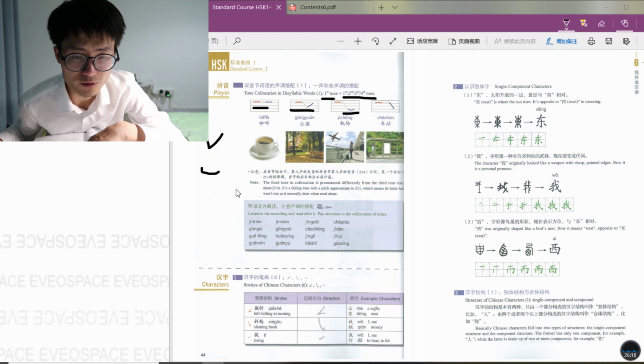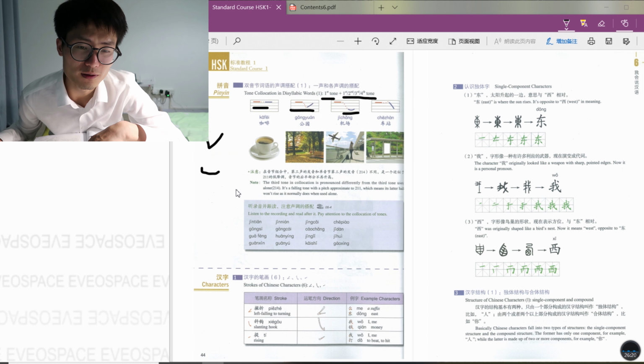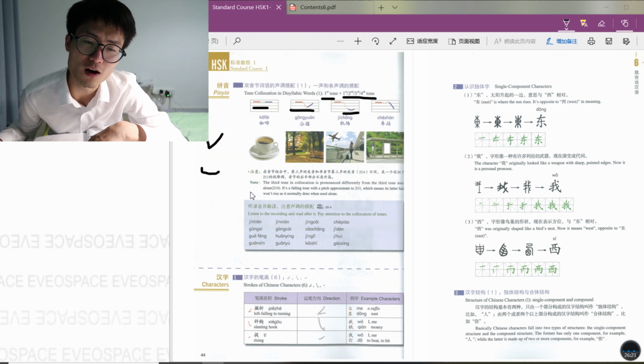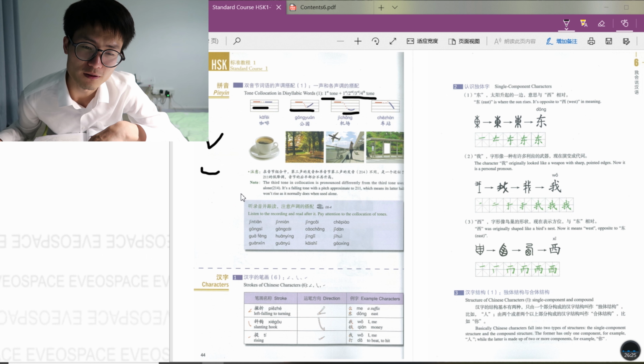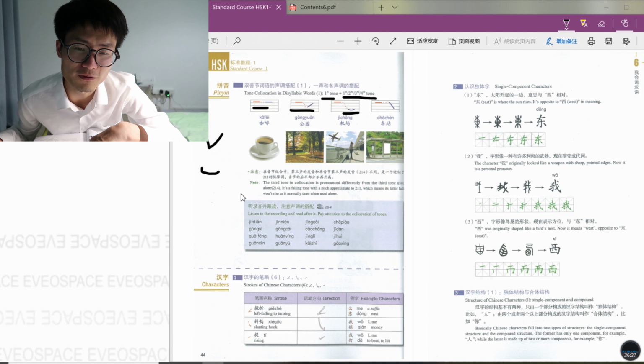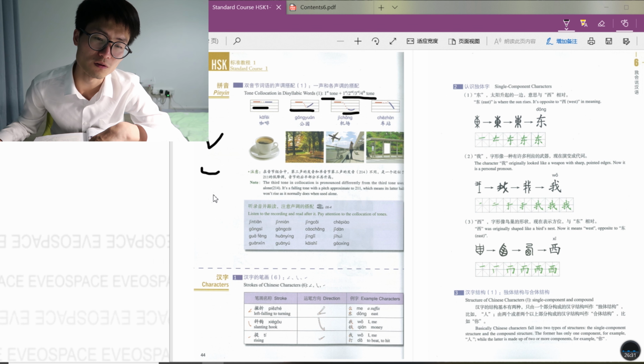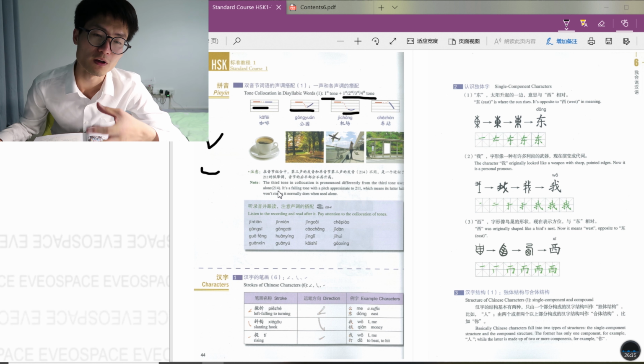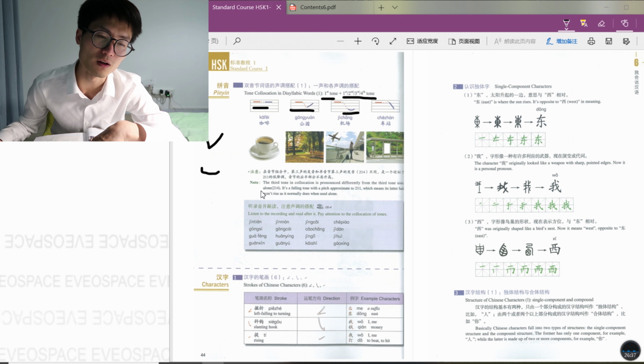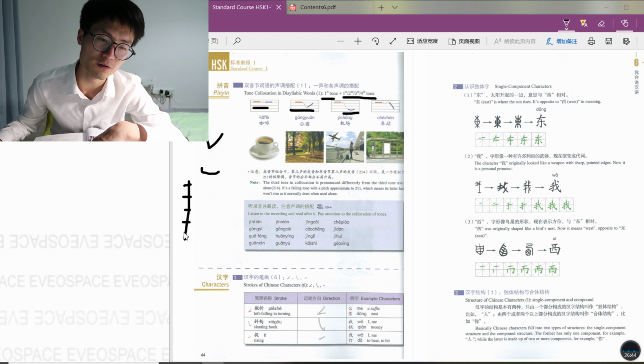So as you can see in this, the third tone in collocation is pronounced differently from the third tone used alone, which is 2, 1, 4. Here 2 means the volume. I think you have 5 tones. Okay, the volume.